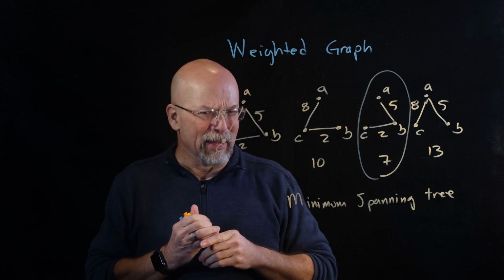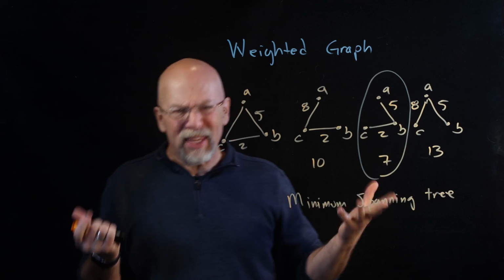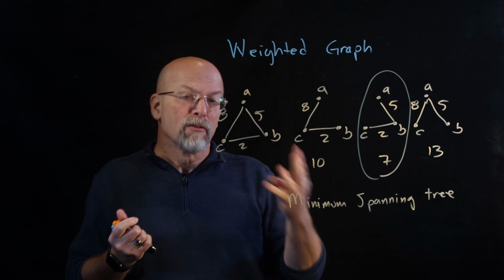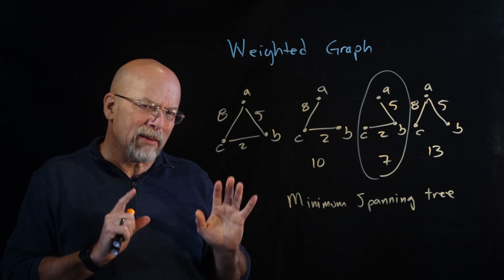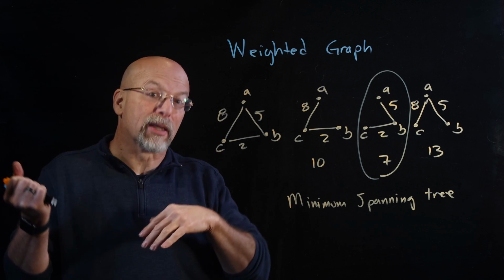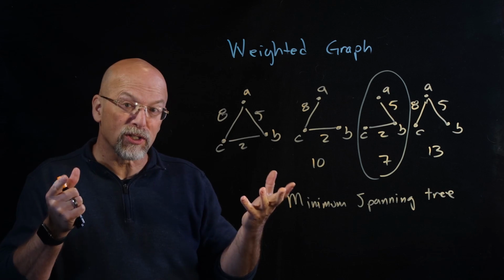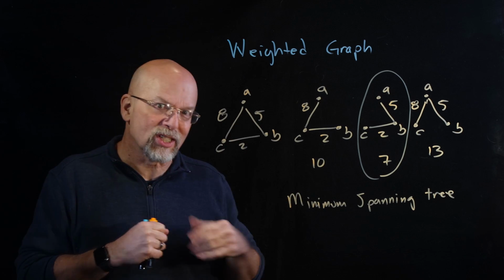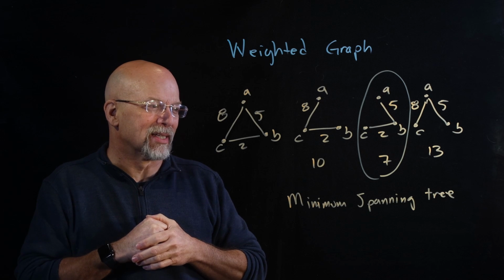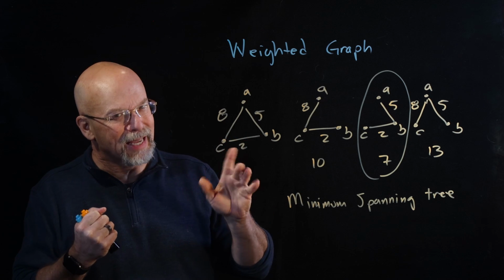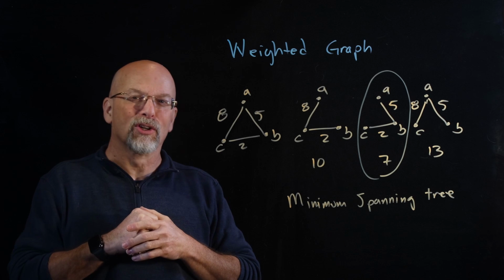Now, the problem is that with 3 nodes, this was pretty easy, right? With 4, we had 16 possible connections from a completed graph. It may be that we're not starting with a completed graph, but if we are, there were 16 possible spanning trees. Which one was the minimum?